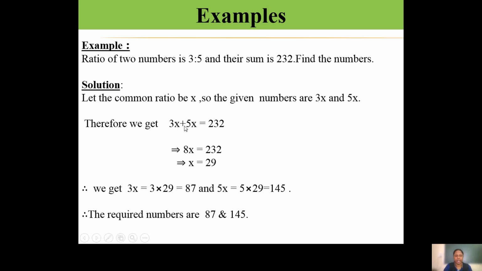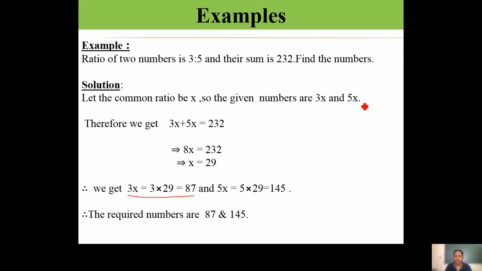So we add these numbers 3x and 5x. So 3x plus 5x is equal to 232. Adding this, we get 8x is equal to 232, and if we divide by 8, we get x is equal to 29. Our given numbers are 3x and 5x, so we just substitute the value of x, which is 29. So 3x is 3 into 29, which is 87.